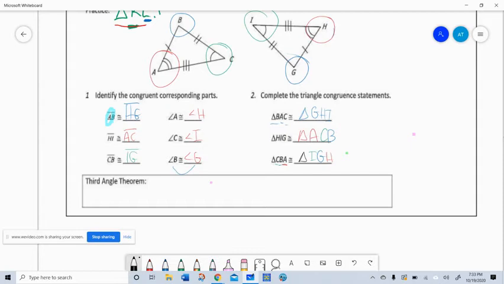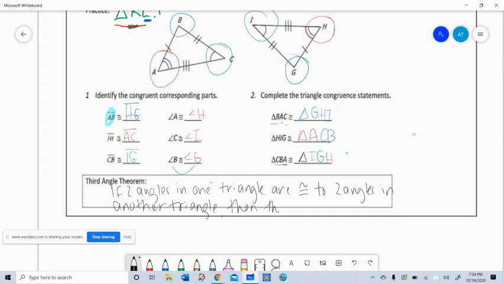But if you have 2 pieces that match up, then the third piece must also match up. So the leftover parts will also be congruent.